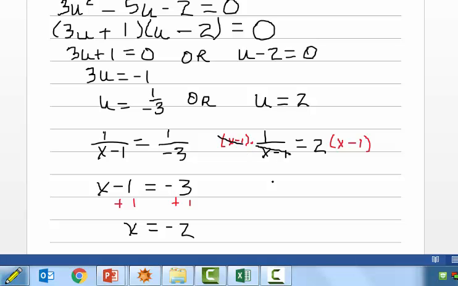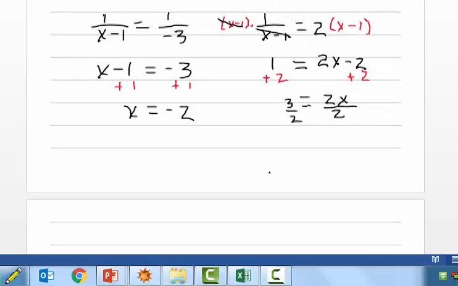These divide out, leaving me a 1. And here I have 2 times the difference, x minus 1, which is 2x minus 2. Let's add 2 to both sides of the equation. And we have 3 equals 2x. Let's divide both sides by 2. And we have x is equal to 3/2.